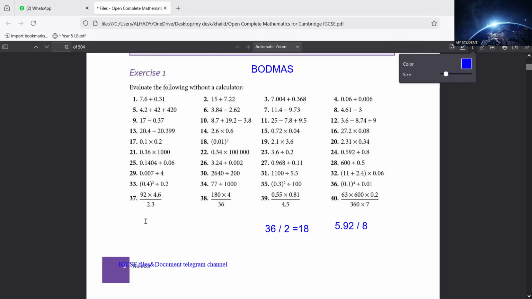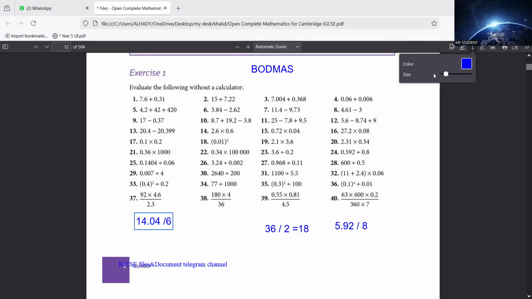The first number, when we multiply by 100, we get 14.04. This one is divided by 6, because we multiply also here by 100, we get 6.